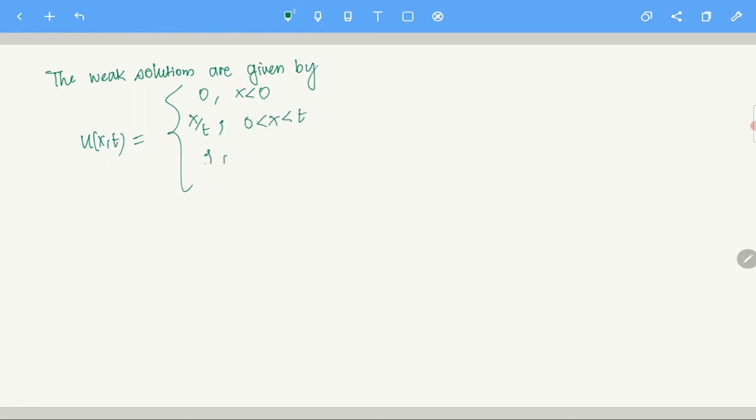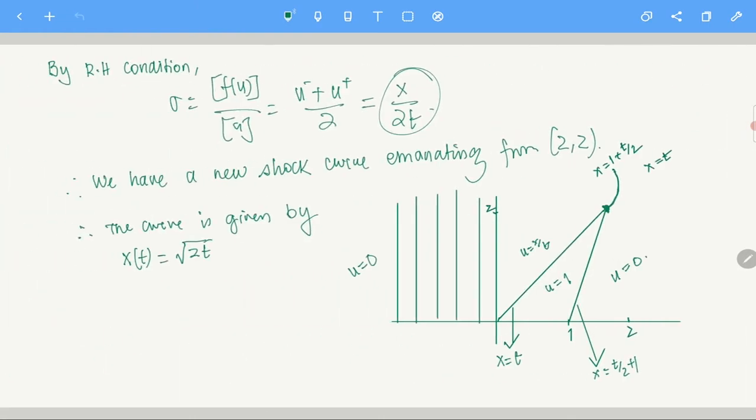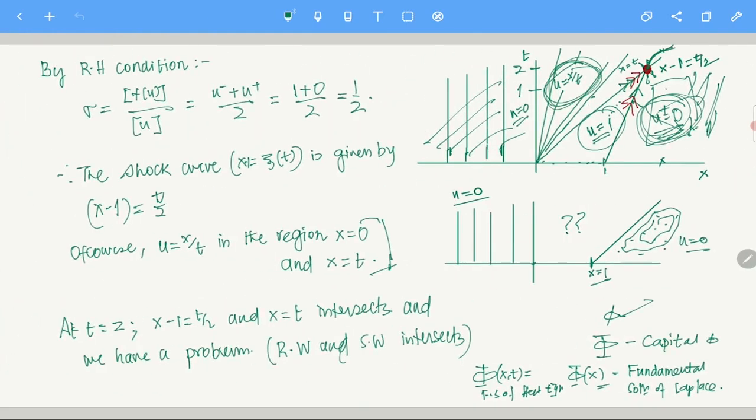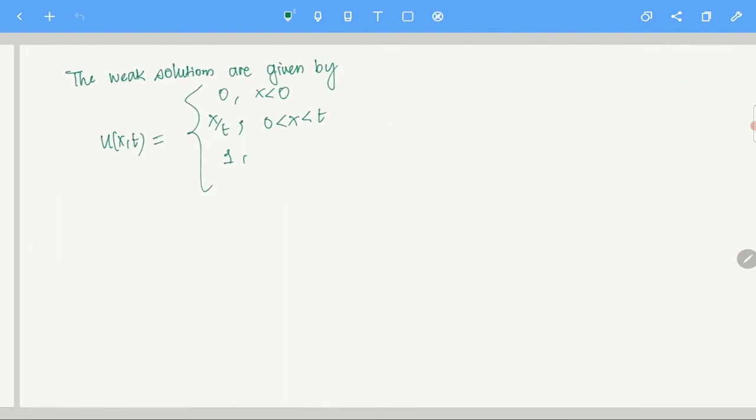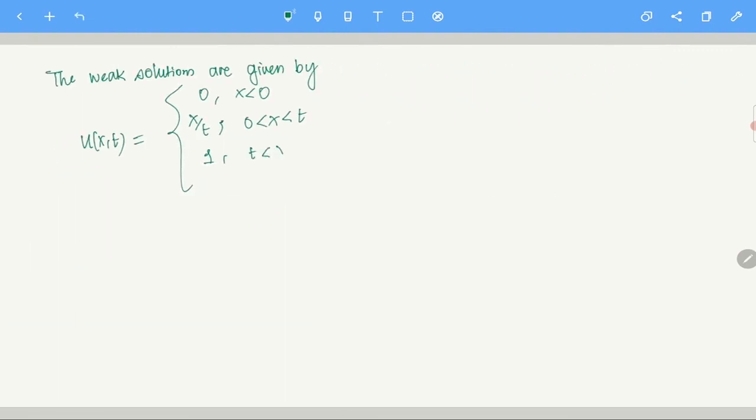It is 1 in this wedge, so x is between t and t by 2 plus 1, and it is 0 when x is greater than 1 plus t by 2.